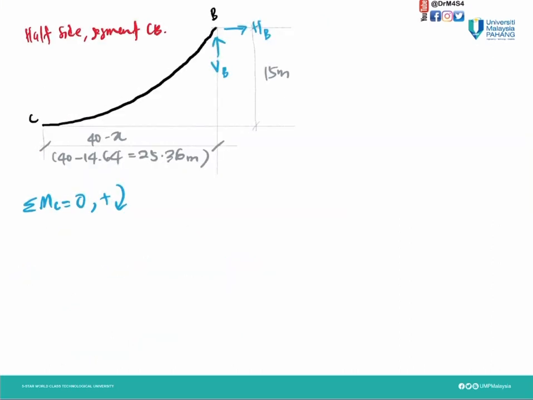Next, we take half side, so we take segment CB. Then we take summation moment at C equal to 0, positive clockwise. So we know our x already 14.64. So 40 minus 14.64, we get 25.36 for this length.